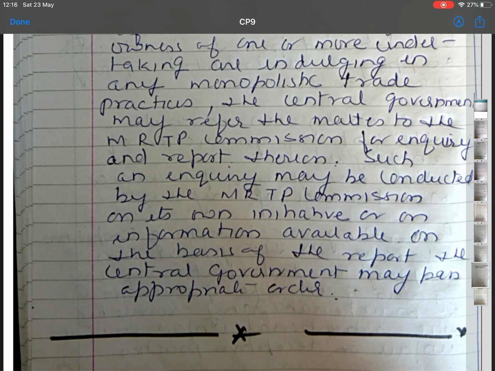In order to maximize profit or gain more market share, traders often indulge in some trade practices which restrict, reduce, or prevent competition in the market. Such practices harm consumer interest and are called restrictive trade practices.